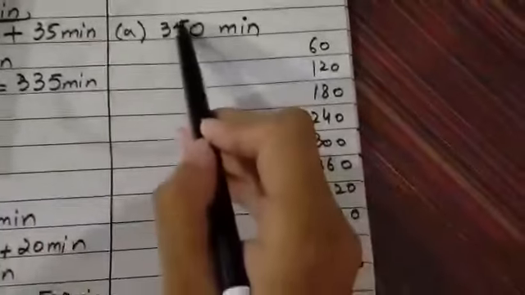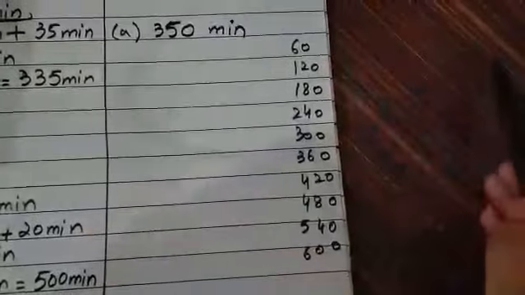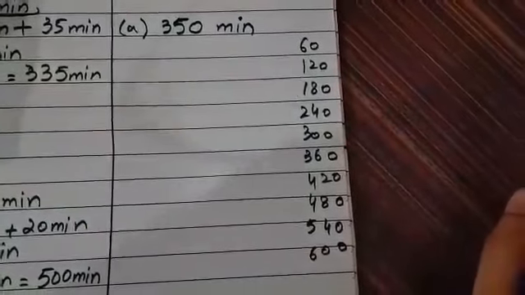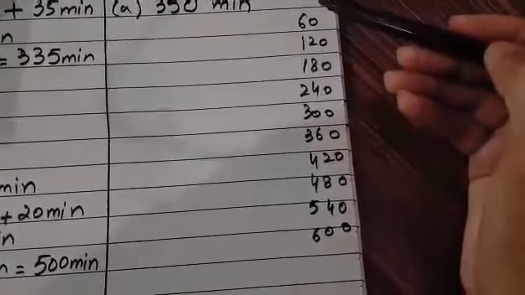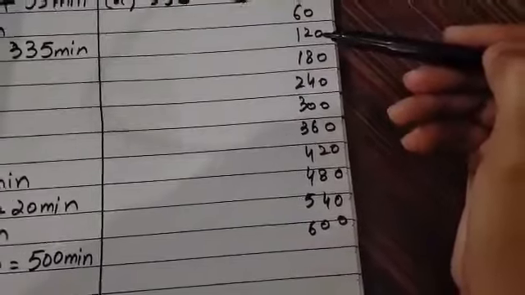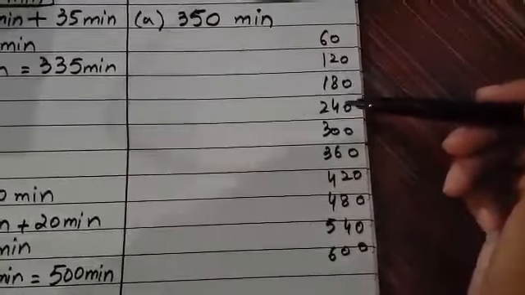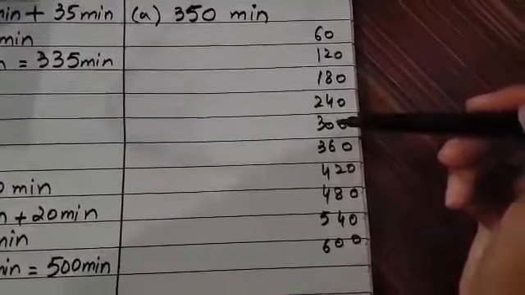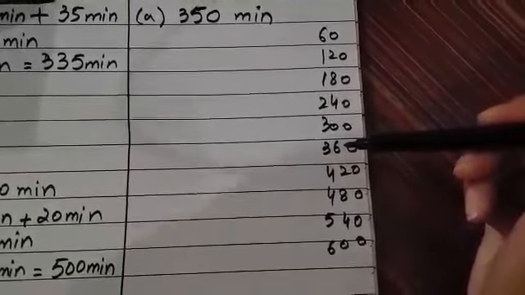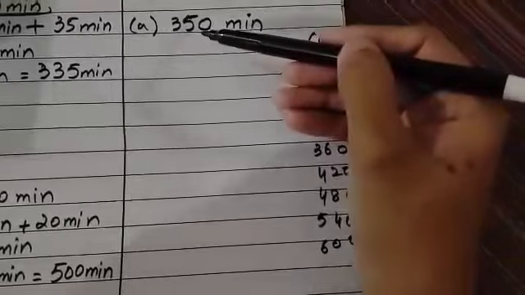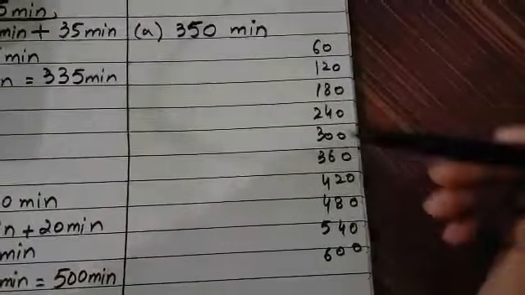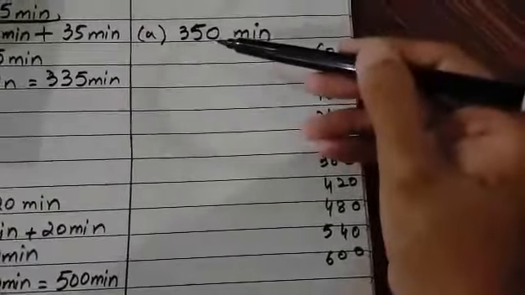Okay, now we have to look for a number that is nearest to and lower than 350. Which is the nearest number to 350? 60, 120, 180, 240, 300 or 360. The 360 is the nearest number to 350, but 360 is greater than 350.